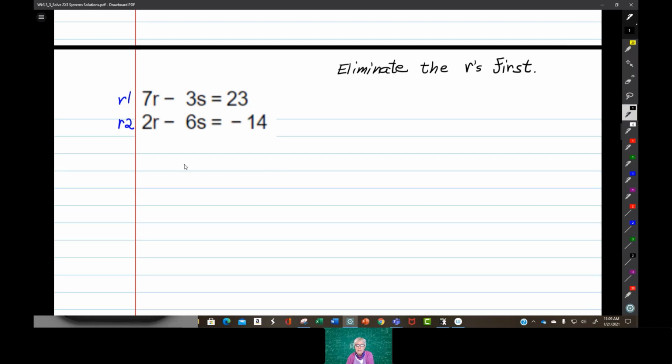Well, how do I make 7R and 2R be something R minus something R? What is the easiest, quickest way? And here's what I know.